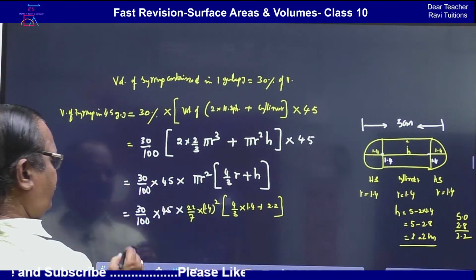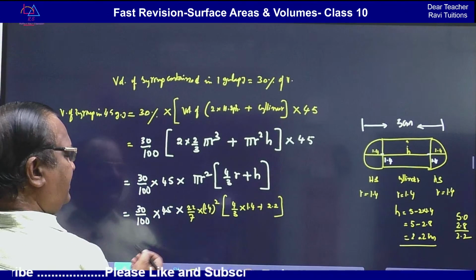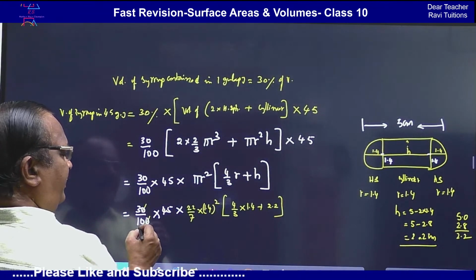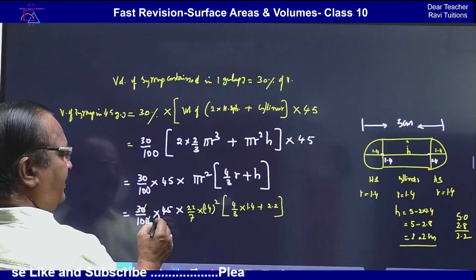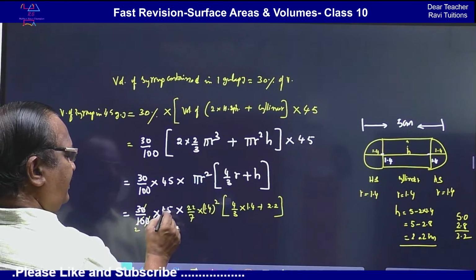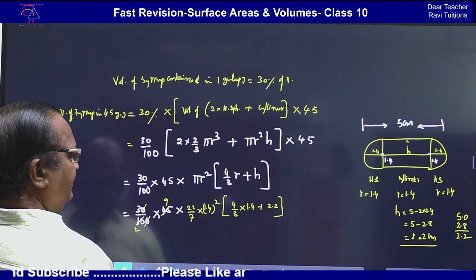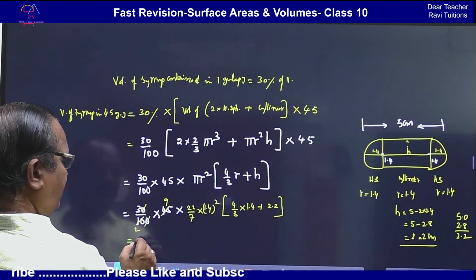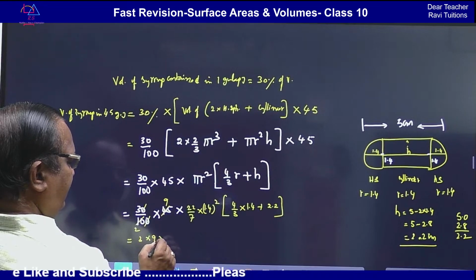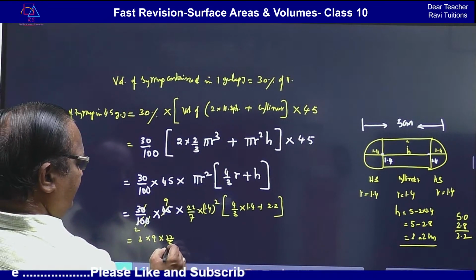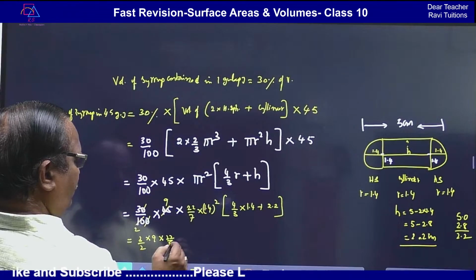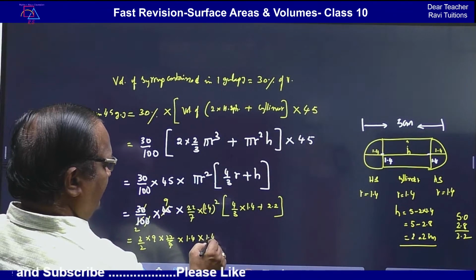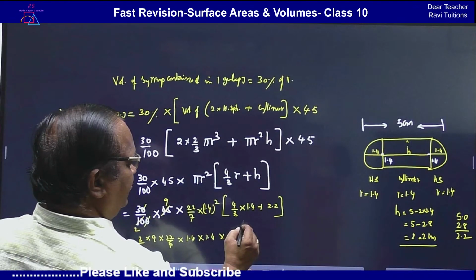Okay, so now you can slowly cancel. 10 and 10 will get cancelled. Now again 5 table, 2 5s and 9 5s, right? So at present, don't cut 3 and 9. 3 into 9 into 22 by 7 by 2 into 1.4 into 1.4 into.